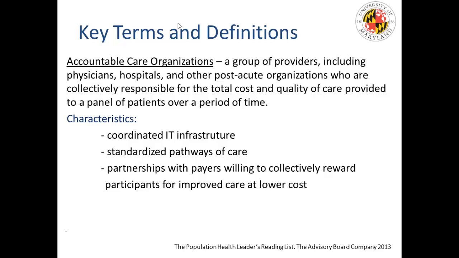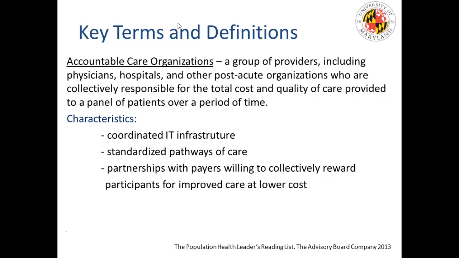And so there's about 32 pioneer accountable care organizations across the nation, and in just a few minutes I'll share with you the results. We have some preliminary results of their work. But the characteristics of accountable care organizations, again, they must have a coordinated IT infrastructure.